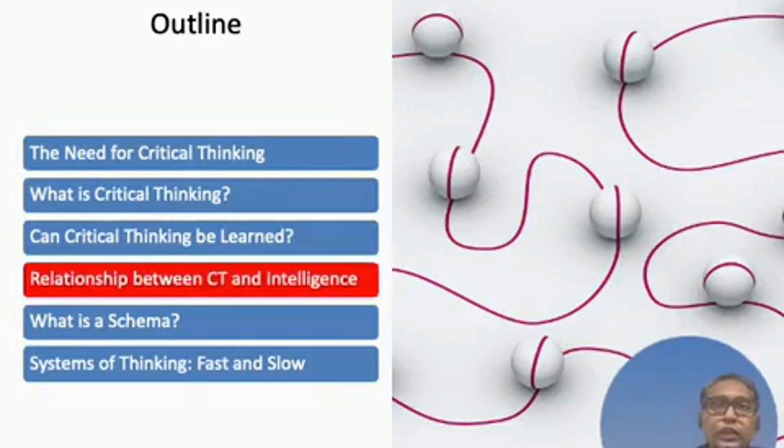Now, coming to the next outcome, which is to talk about the relationship between critical thinking and intelligence. Again, I keep reiterating to go back and read the chapter to get a comprehensive understanding. Mine is a very brief summary, focusing on the frameworks and taking you through this learning process, but you need to connect more.